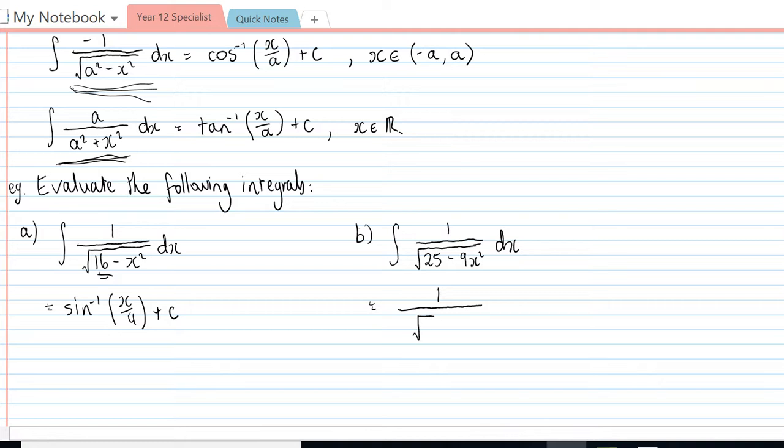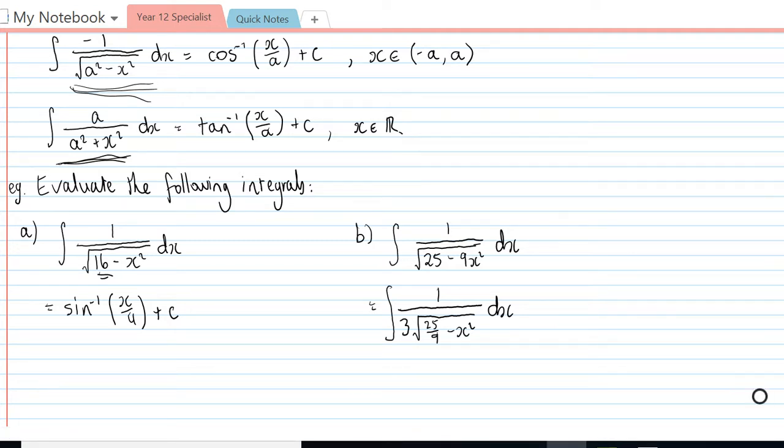So if I take the 9 out as a common factor, I'm going to be left with 25 on 9 minus x squared in the denominator there. But when I take the 9 out as a common factor, it's only going to actually take 3 out the front of that square root sign. Still have my dx there. So I've now got this into a form which is a bit nicer.